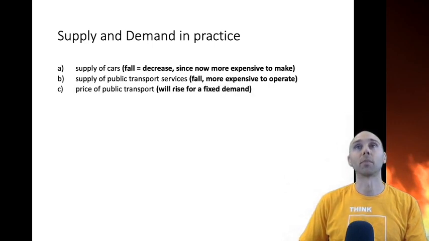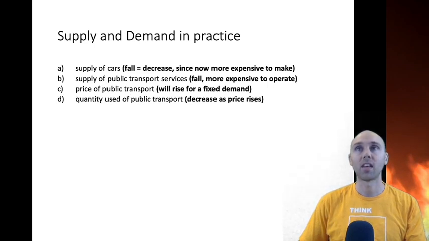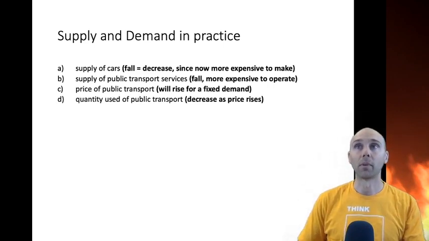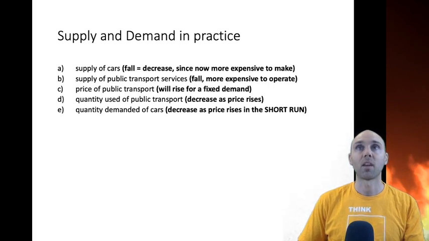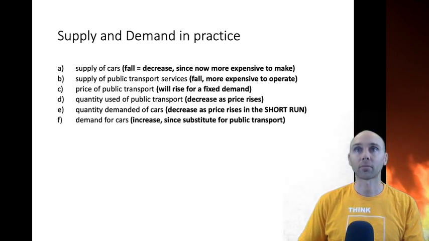And that results in the price of public transport rising if demand is assumed to be fixed, and the quantity used of public transport to decrease. These are the equilibrium points now for C, D, and E, whereas A and B was just about shifting the curves. Quantity demanded of cars will decrease as the price rises in the short run.